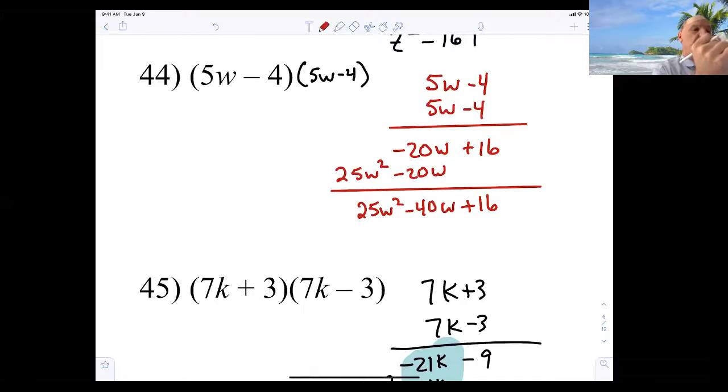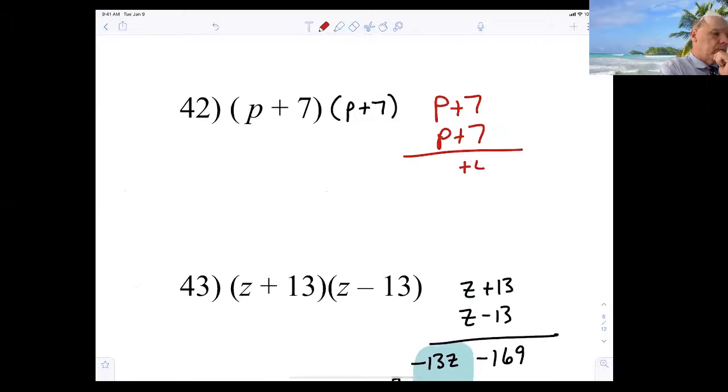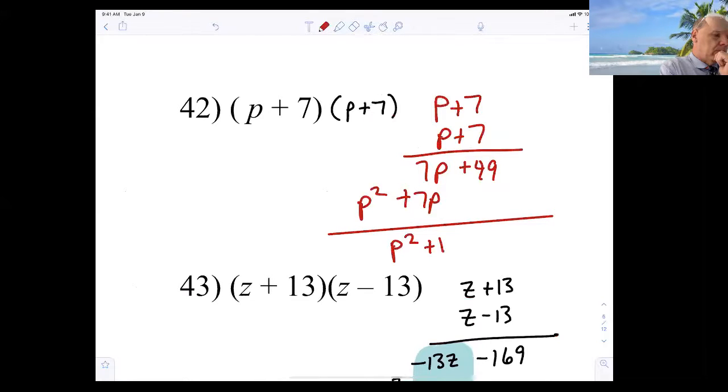They will cancel out if one's positive and one's negative. Anybody have any issues with 42? Anybody?